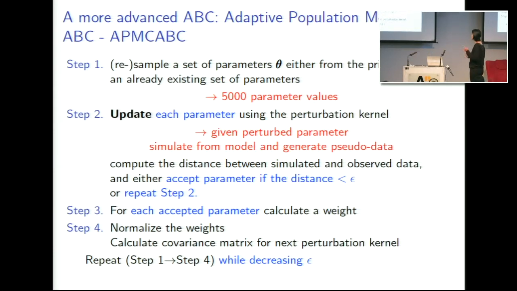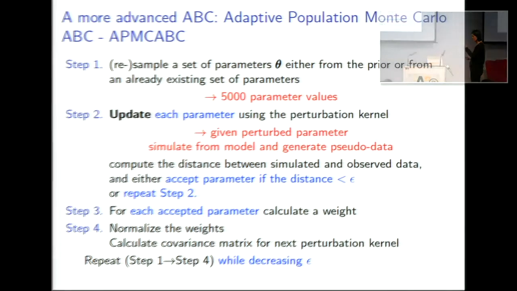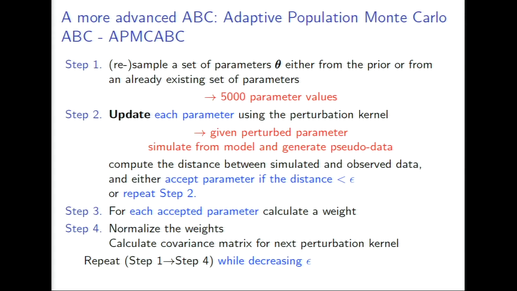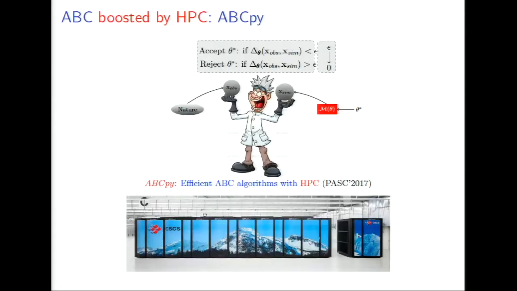And then we do the forward simulation and the comparison. So we simulate from the prior, we perturb the parameter values, forward simulate, and then do the comparison. And if the value of theta is accepted because the distance is less than the threshold, we're happy. Otherwise, we perturb again and keep going. And we do this by slowly decreasing epsilon towards 0.